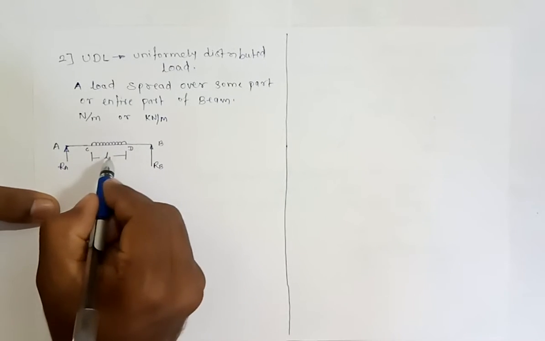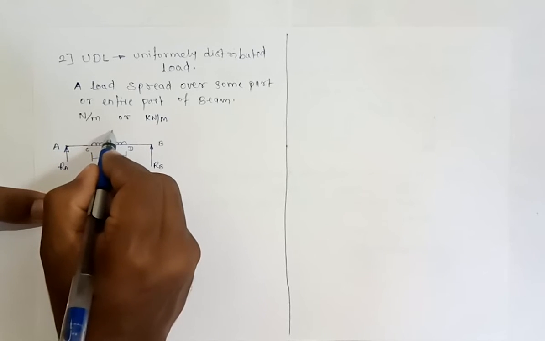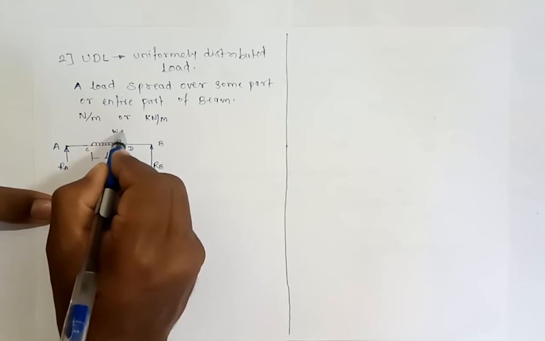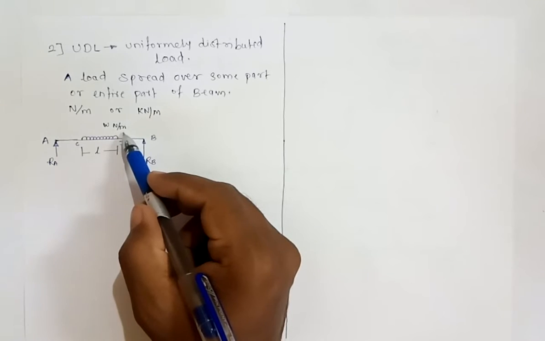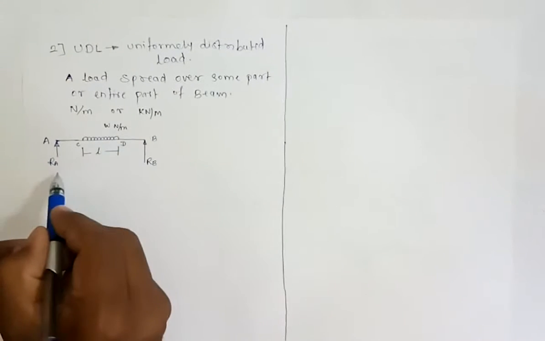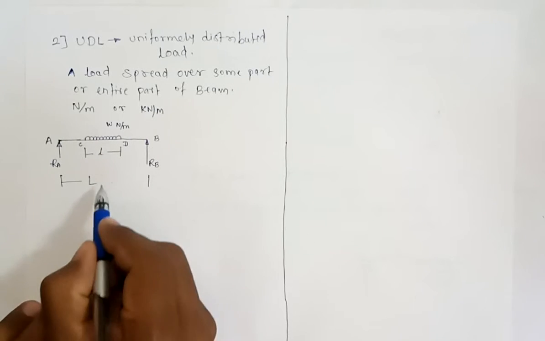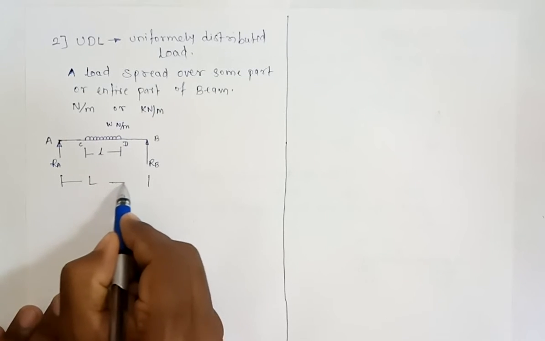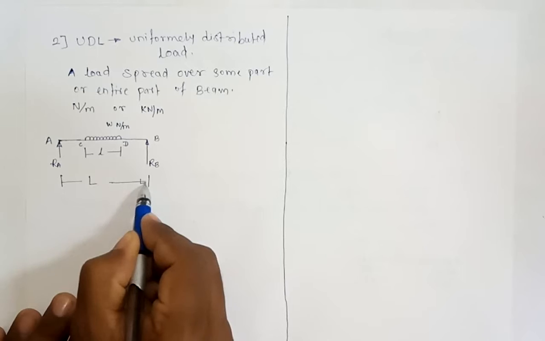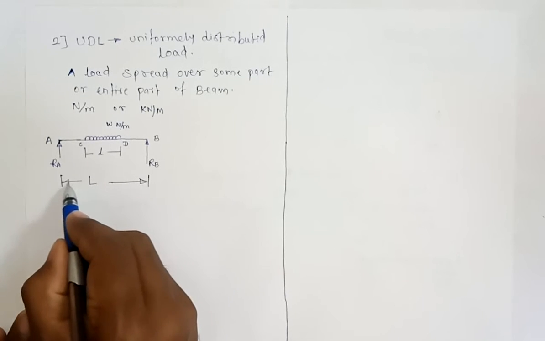The length of the UDL is small l, while the intensity of UDL is W Newton per meter. Let us assume that the length of beam AB is capital L, that is shown over here. It is the distance between end A and end B of the beam.